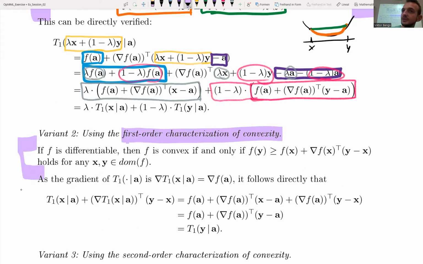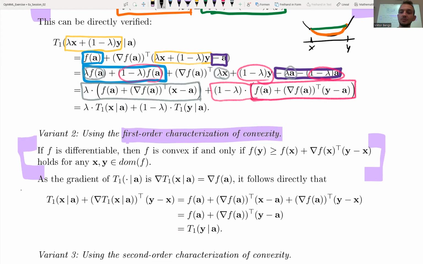If the function is differentiable, this is important, then we have the following equivalence between convexity and what is called the first order convexity, namely the function value of f at some point y is always underestimated by the first order Taylor approximation around some other value x.